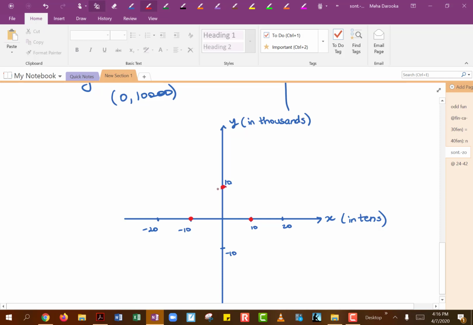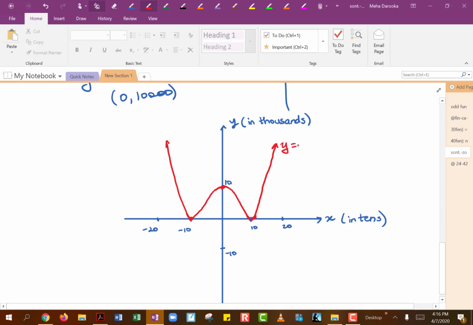So that means our graph would actually be going something like this. And oops, what I wanted to do, this guy would be going up something like this.